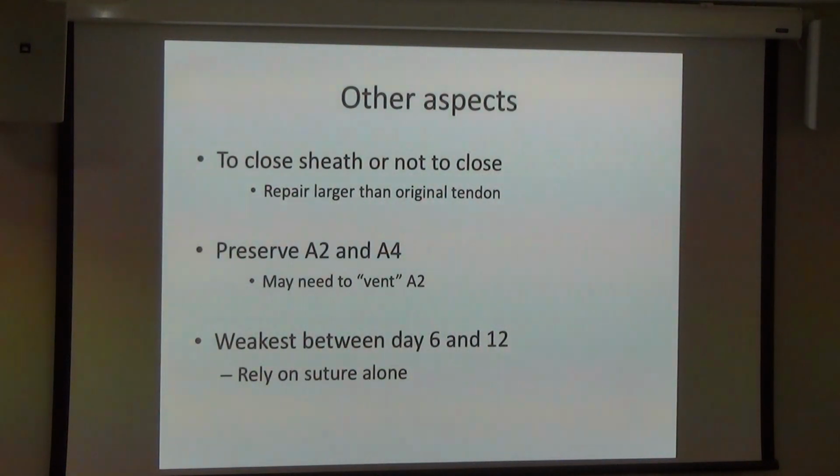So you should try, if you can, avoid venting your pulleys, but if you're struggling to get passage of your tendon repair through a pulley, then it's probably best to vent it. Remember, it's weakest on day 6 to 12, and it's relying on sutures alone.